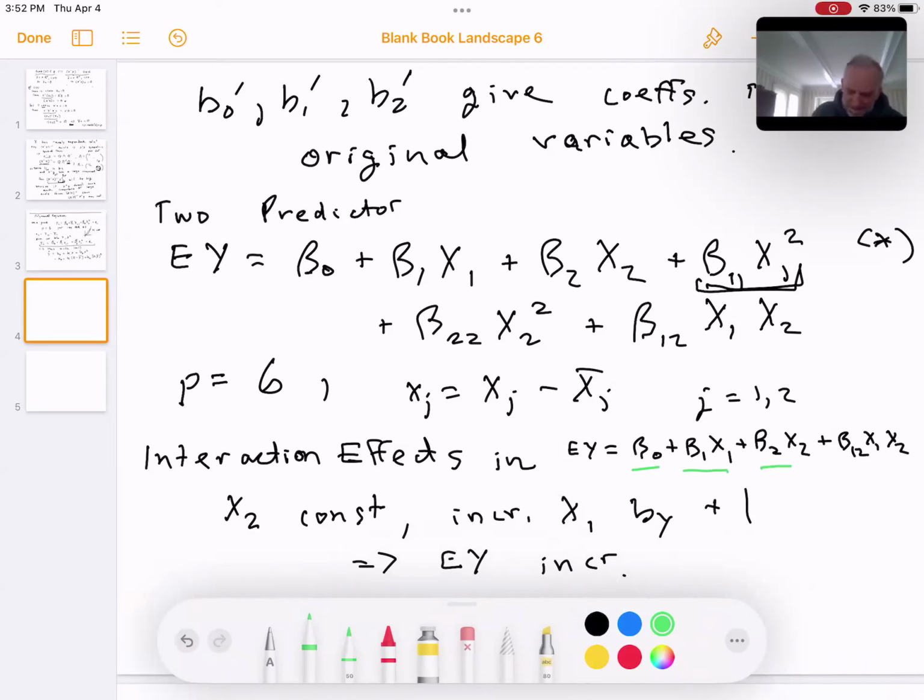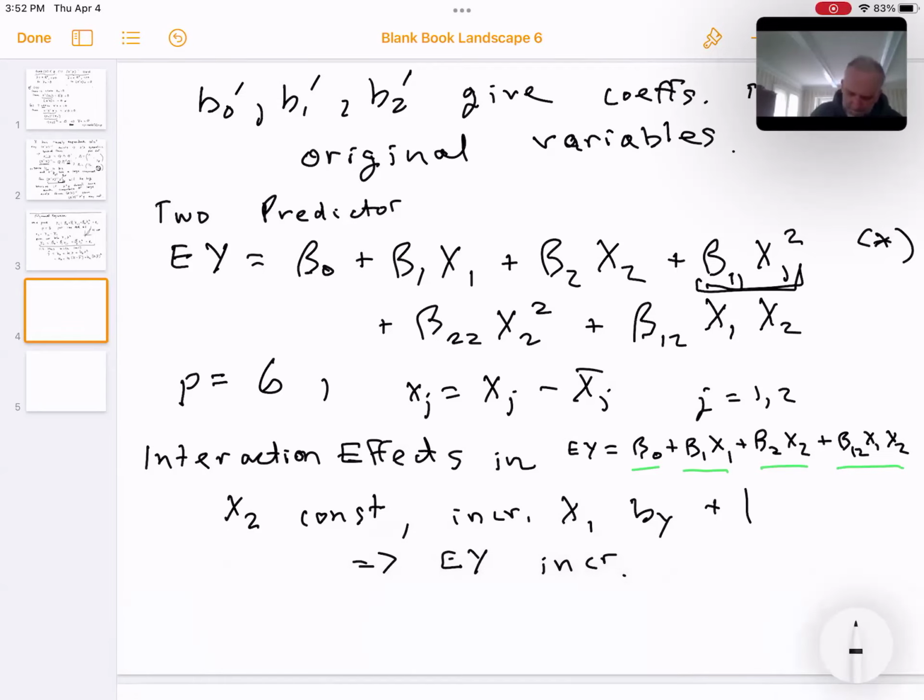This is going to stay the same if x2 is held constant. This one is going to change, right? X2 is a constant, so instead of going up by beta 12, it goes up by beta 12 times x2. So E(Y) increases by beta 1 plus beta 12 x2.